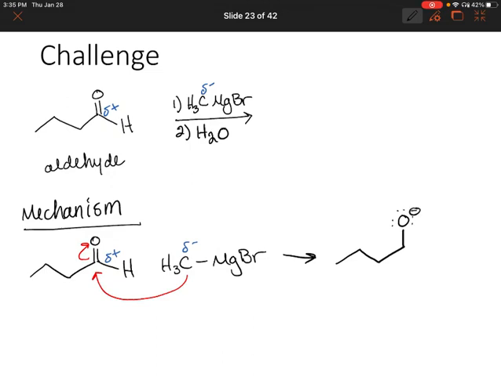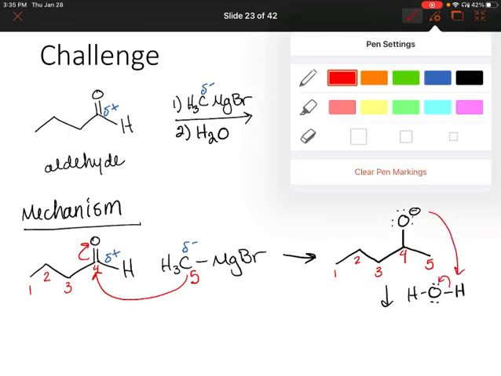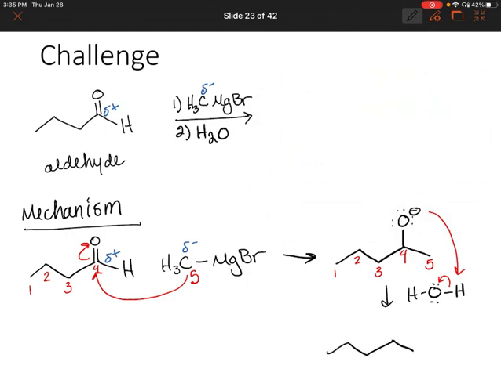And then we also added a carbon. So let me actually count carbons here. 1, 2, 3, 4. And then the methyl carbon is going to be our fifth carbon. So 1, 2, 3, 4. I need one more carbon. 5. Okay. And again, in the last step, we're just going to protonate the oxygen to get our final alcohol.